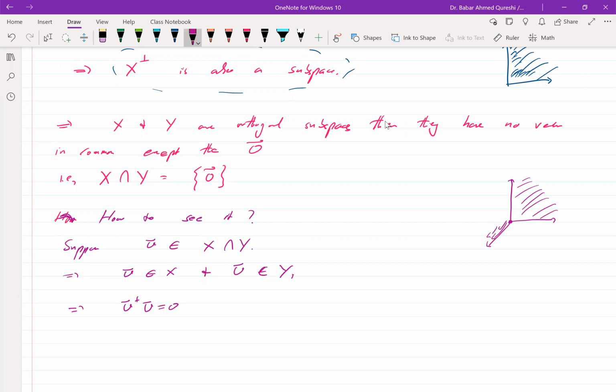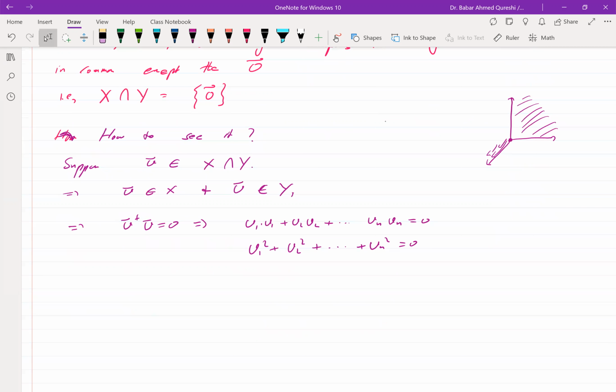This means V1 times V1 plus V2 times V2 plus up to Vn times Vn is zero. So V1 square plus V2 square plus Vn square is zero. So the norm is zero.